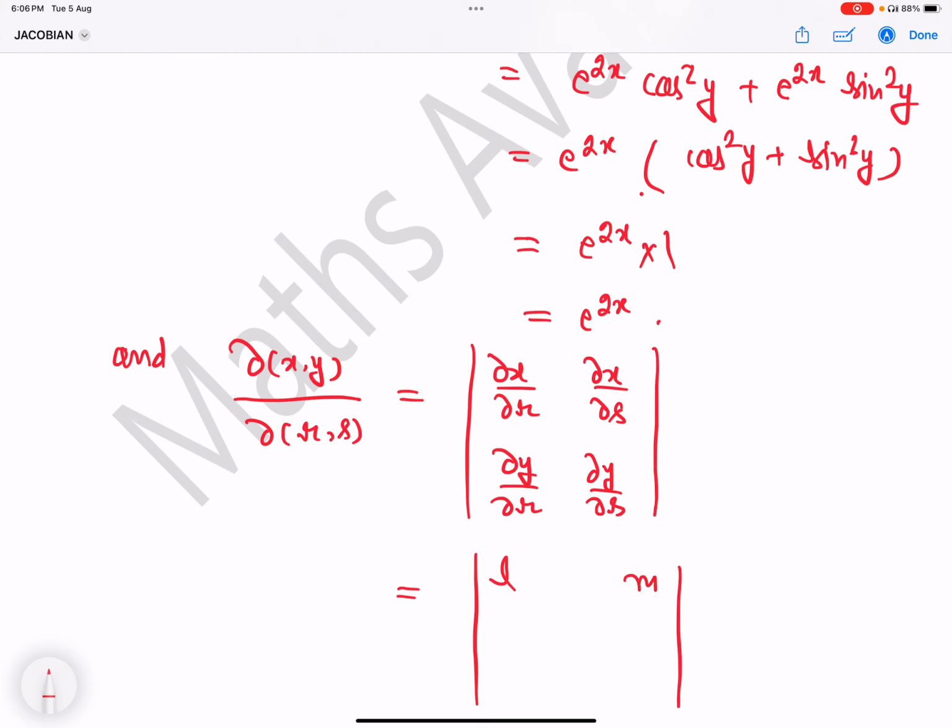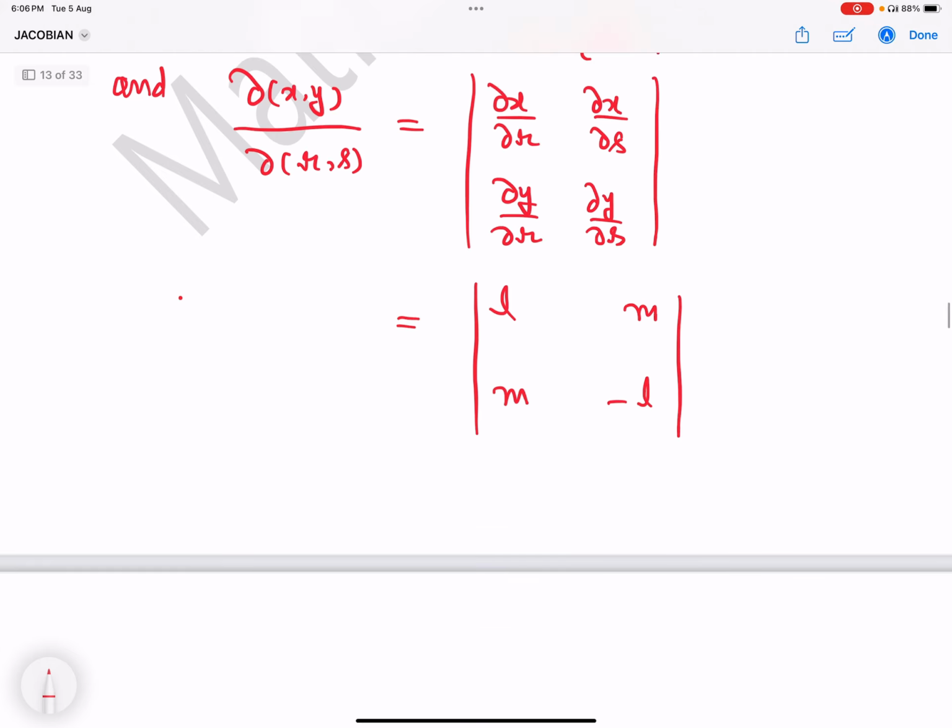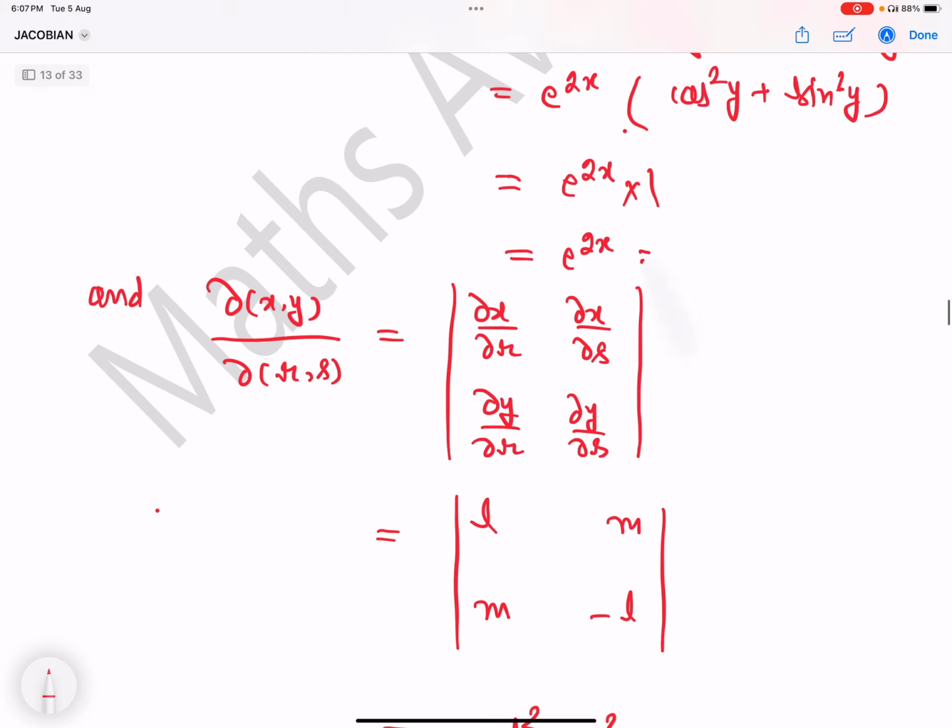And the partial derivative of y with respect to r is m, and this is −l. So what is this? This is −l² − m². So this is −(l² + m²). Okay. So here we got this one. We can put the value of x here. What is the x value? lr + sm.